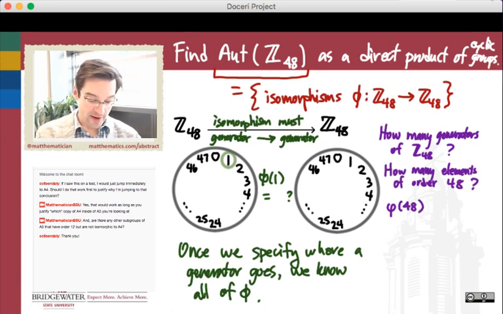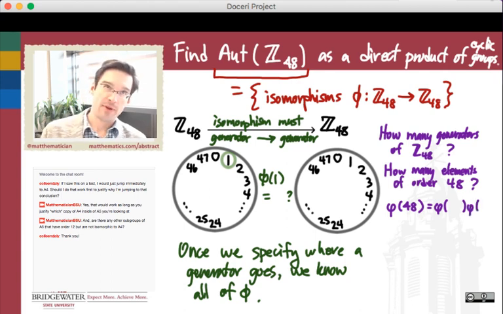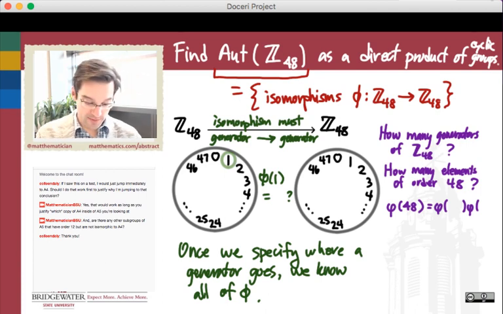So if we want to figure out how many generators are possible, we'll compute phi of 48, which I would have to do by finding the prime factorization of 48 into prime powers, at least. 48 is 6 times 8, that's 16 times 3. So that's the way I want to think about it: 2 to the 4th times 3. And then, because 16 and 3 are relatively prime, we can split it apart, right? It's multiplicative over relatively prime integers.